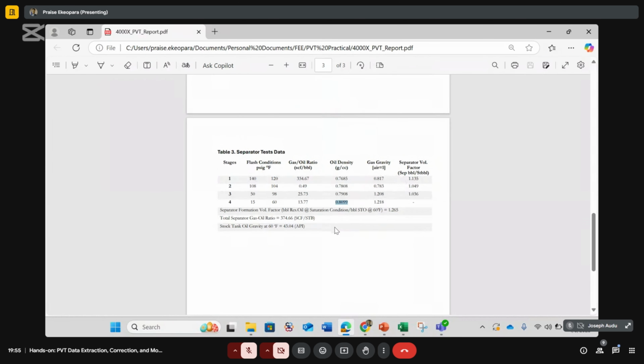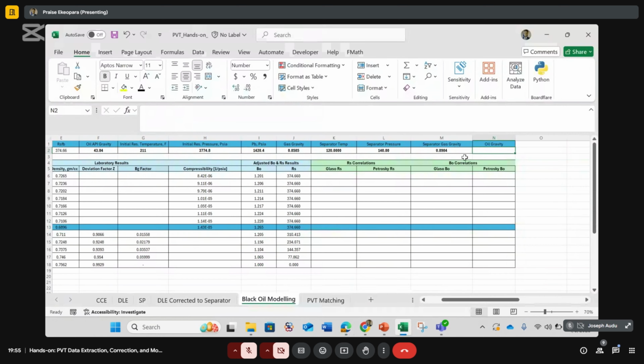So we take 0.8099. I'll just come over here and write 0.8099. So with this, I have everything I need to go ahead with my modeling.